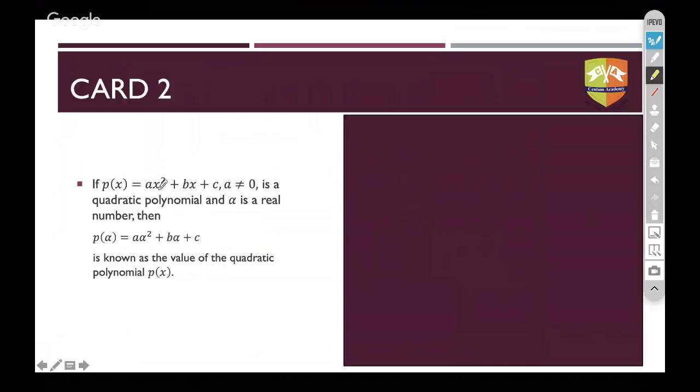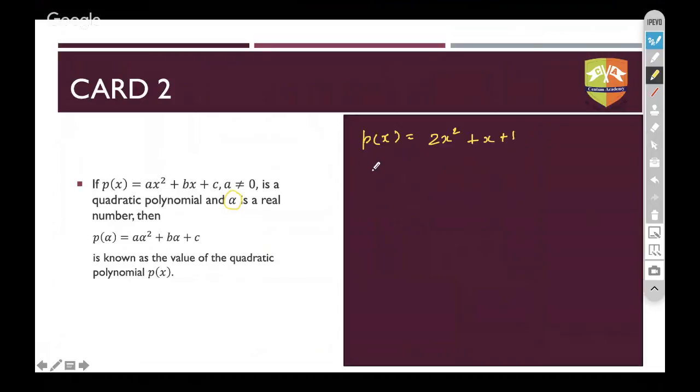if p(x) equals ax square plus bx plus c and a not equal to 0 is a quadratic polynomial and alpha is a real number, then p of alpha is equal to a alpha square plus b alpha plus c, which is known as the value of the quadratic polynomial, right? So an example: let's say p(x) is equal to 2x square plus x plus 1.